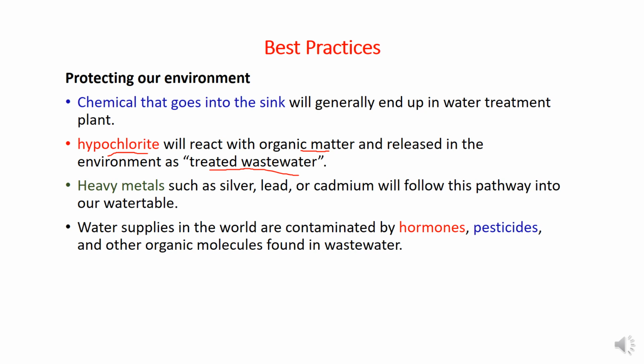But heavy metals, for example silver, lead, cadmium, will also follow this pathway into the water table. Because if it's going underground, it will leach down and can become part of our water table, and then we pump out that water, and in certain areas we are going to drink that water. So they can cause certain diseases.